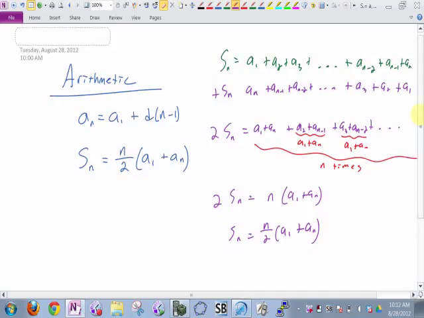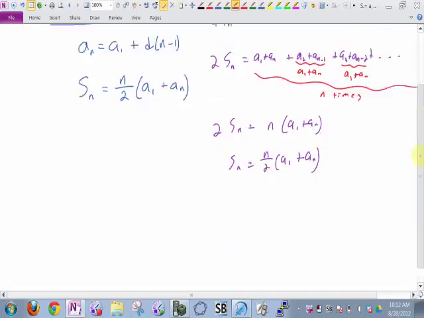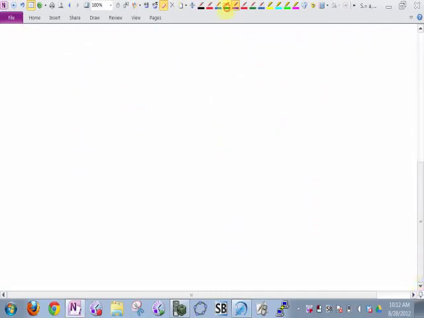So there's the formulas for arithmetic sequences and series. For geometric, the nth term is the first term times the common ratio to the n minus 1.